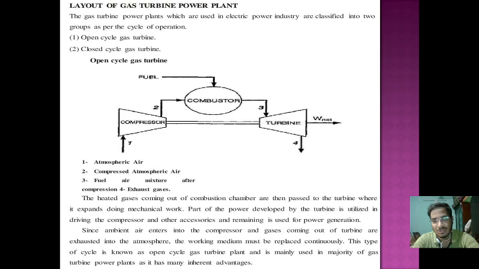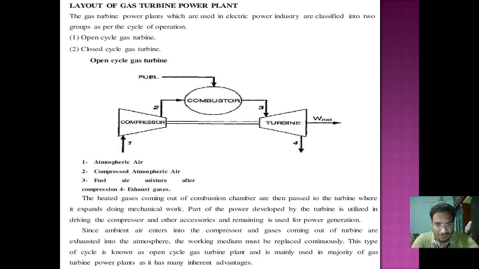Then it goes to the turbine, and with the help of the blades of the turbine, mechanical energy is produced. That energy goes to the generator, or inverter we can say, to produce the electricity.